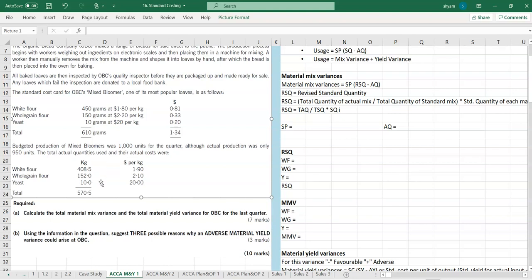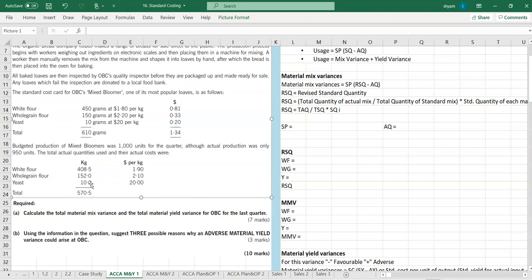So totally they have bought all the raw materials in kgs like this, and per kg price is like this. So this part of the number and this part of the number would be same. See, white flour is 1.8, here it is 1.9, whole grain flour is 2.2, here it is 2.1, yeast is 20, here it is 20. Okay, but this is for 950 breads. They are using this much of kgs.